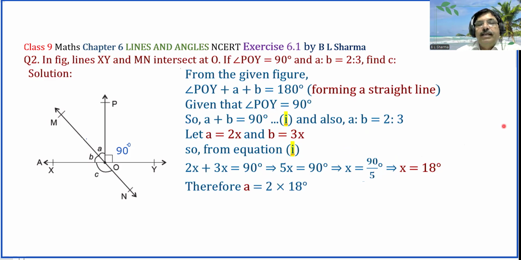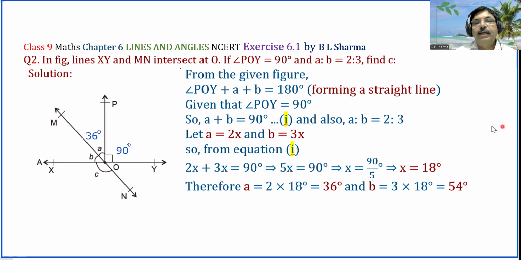So angle A is equal to 2x, 2 into 18, that is 36 degrees. This angle is 36 degrees. And angle B, that is 3x degrees. So in place of x, write 18. 18 times 3 is 54. So angle B is 54 degrees. This angle is 54 degrees.